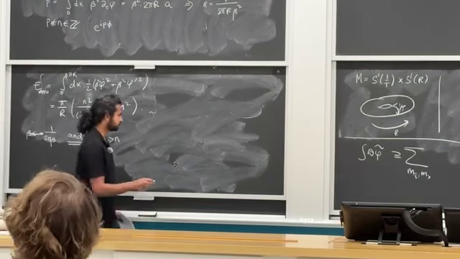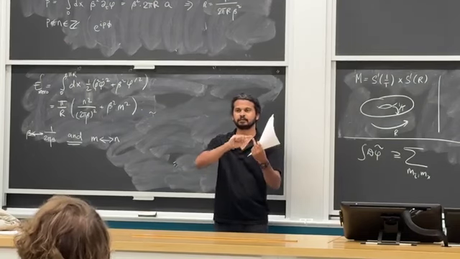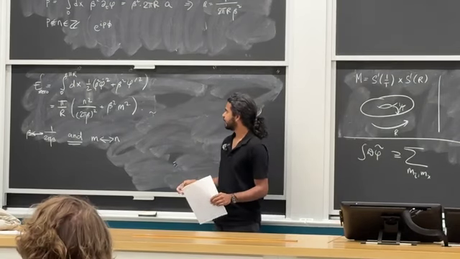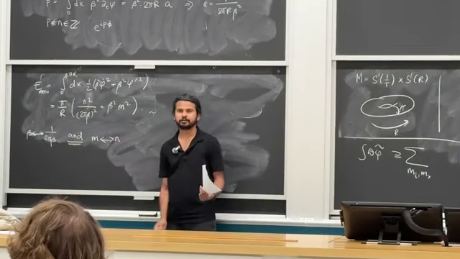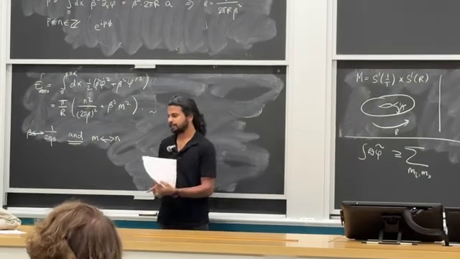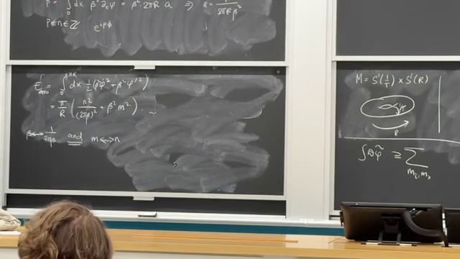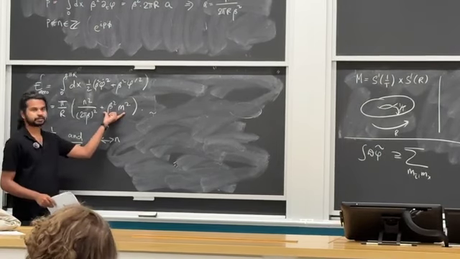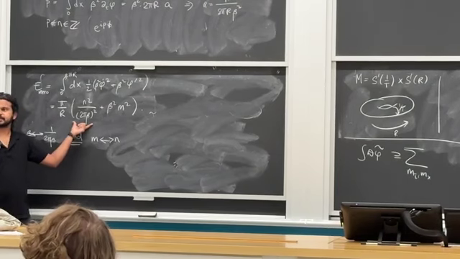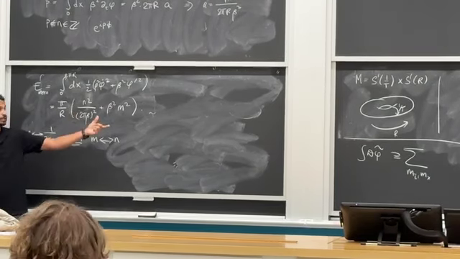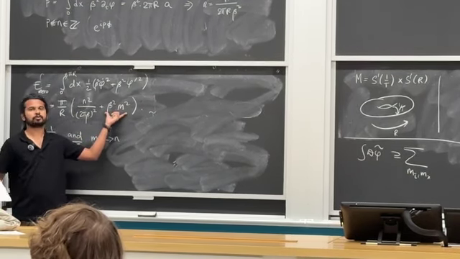The point is that if I take a circle and allow the string to move on it, the string has two quantum numbers, the zero modes. It has the momentum quantum number and the winding quantum number. So let's imagine that beta is really large. Then this term is really large and this term is really small. So if I'm only interested in long range physics, these really heavy modes do not show up. You need a lot of energy to see that.